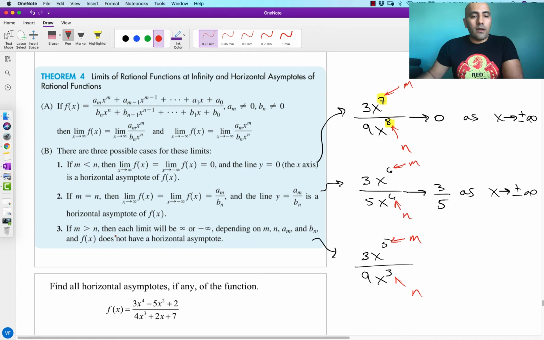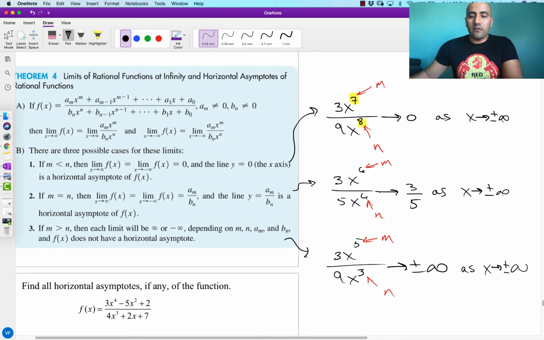And so then each limit will be infinity or negative infinity depending on the other values. I know that this will grow toward positive or negative infinity depending on the actual values of the coefficients and whether you're inputting values as x grows toward positive or negative infinity. So it depends on what kind of values you're inputting. You have to think about it a little more in that case.